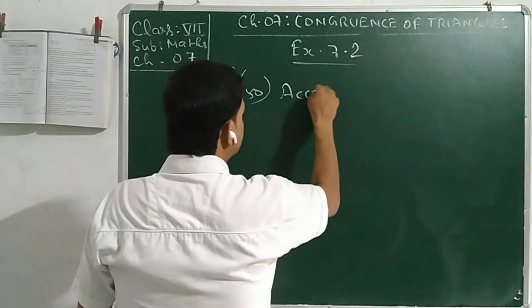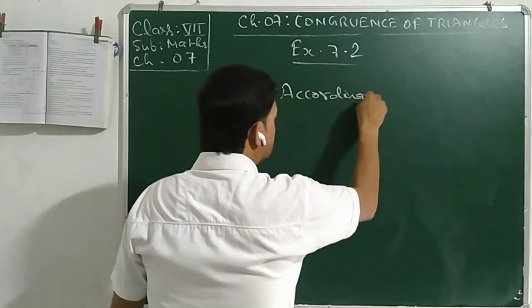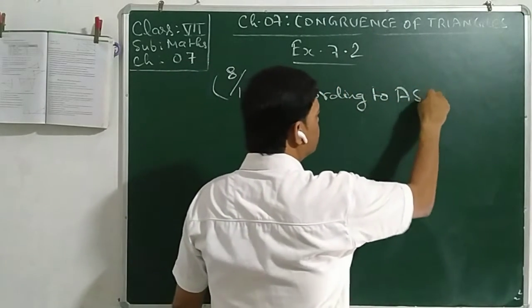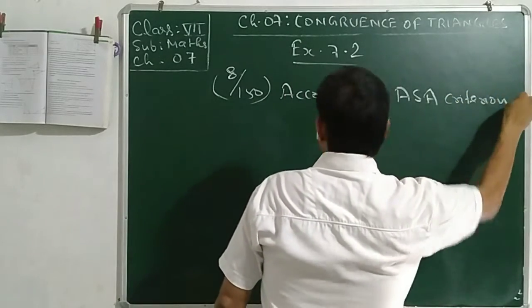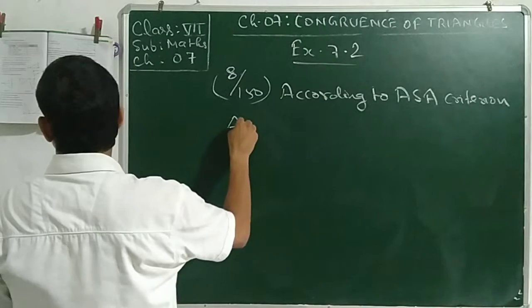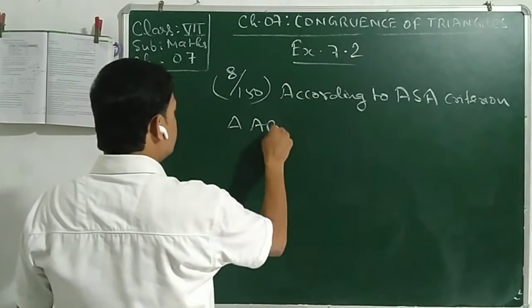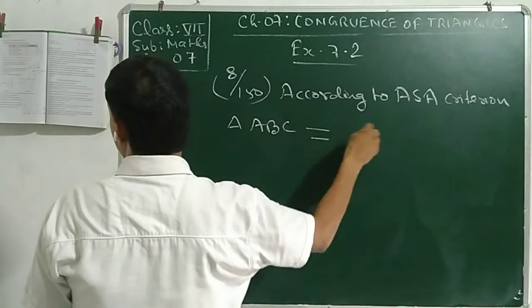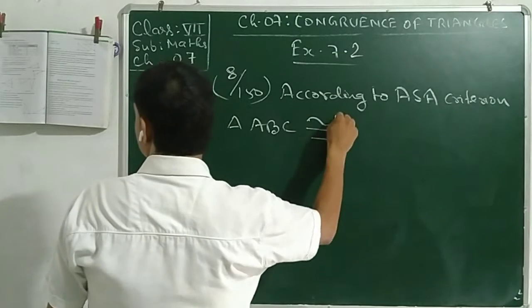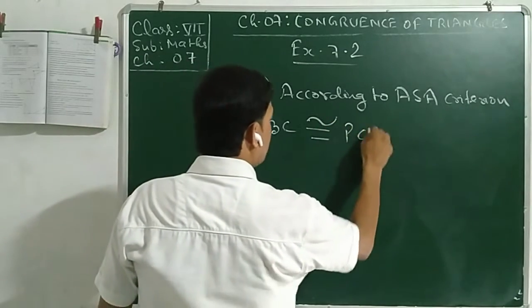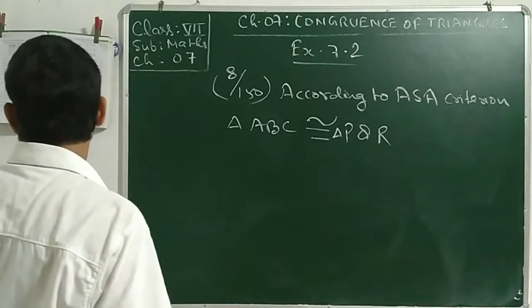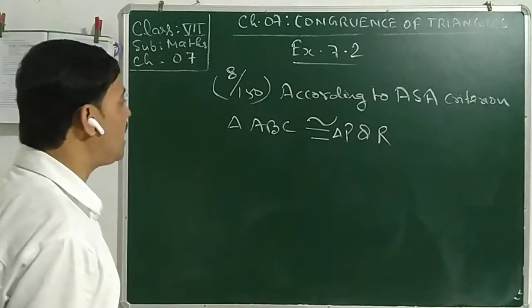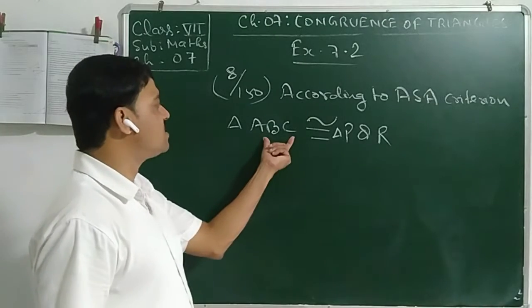According to ASA criterion, triangle ABC is congruent to triangle PQR, and additional pair, that is angle B and angle C, was matching.